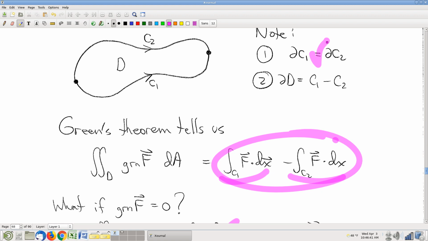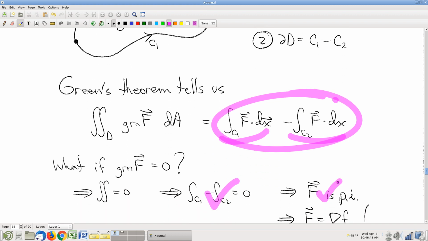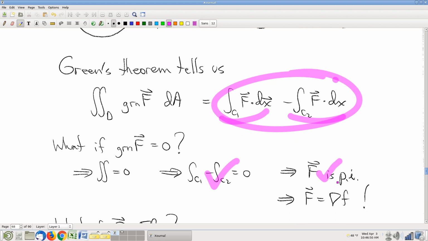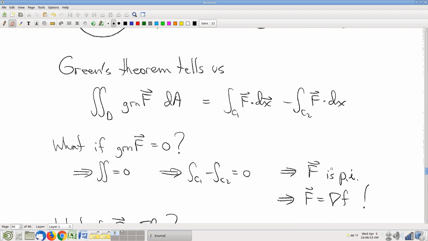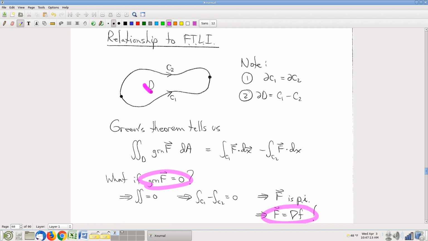And this is true for any picture you draw. It's true no matter what starting point, no matter what ending point, no matter how you draw these curves. That means this vector field is path independent. And we saw previously that a vector field that's path independent is a gradient. So this gives a geometric perspective on why that theorem is true: if Green's operator is 0, that's a gradient. Morally speaking, intuitively speaking, this is why, because of this picture.